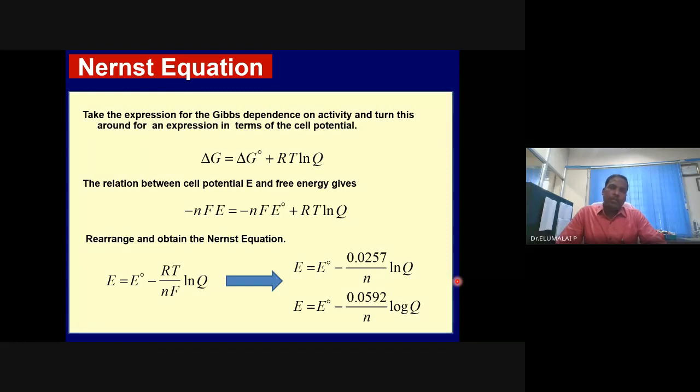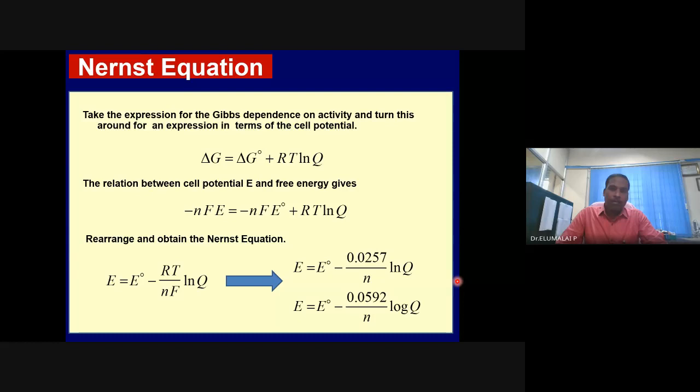But with one electrode, what will we do? We will not be able to do anything. You can only have a look. We will not be able to construct a cell or get work done by the electrode. We need two electrodes to construct a cell. Whether it is going to be an electrolytic cell or an electrochemical cell, that is different. You need a redox couple.